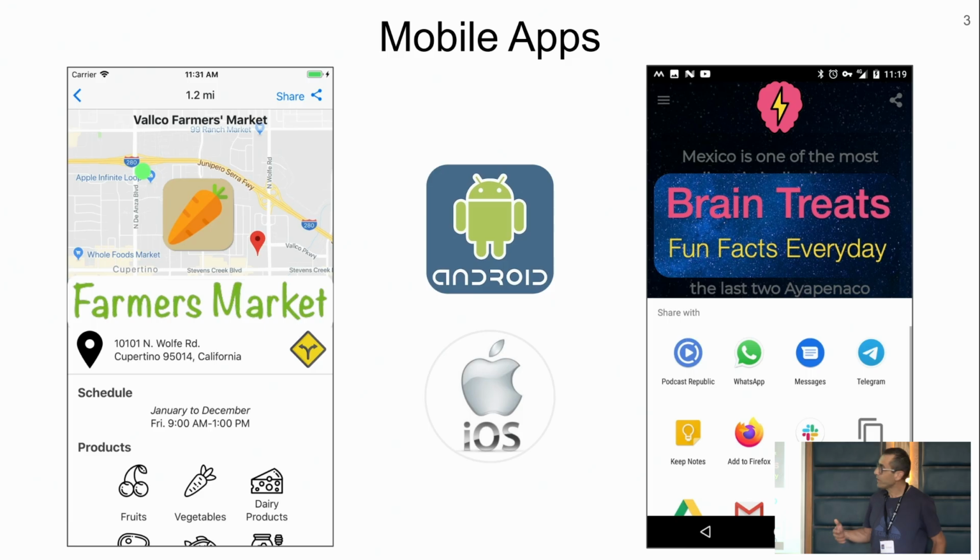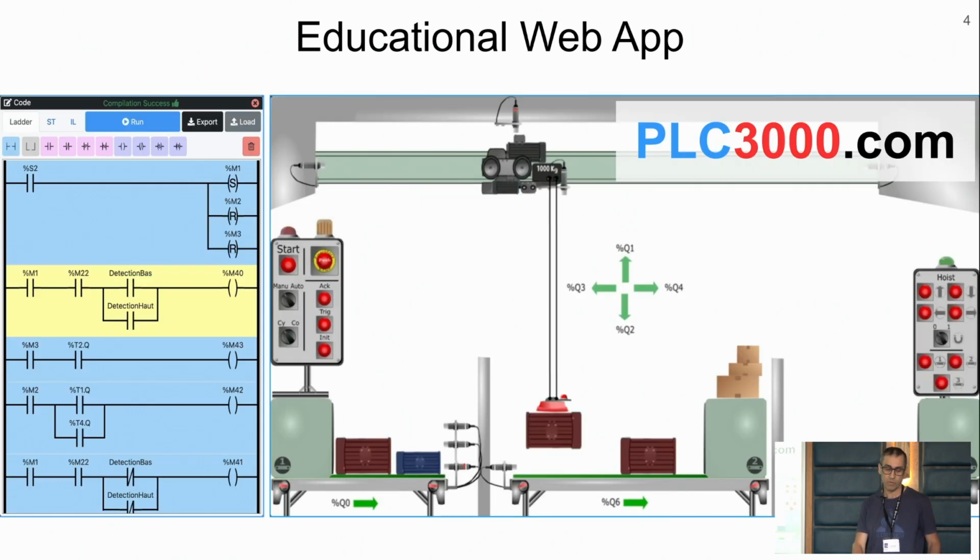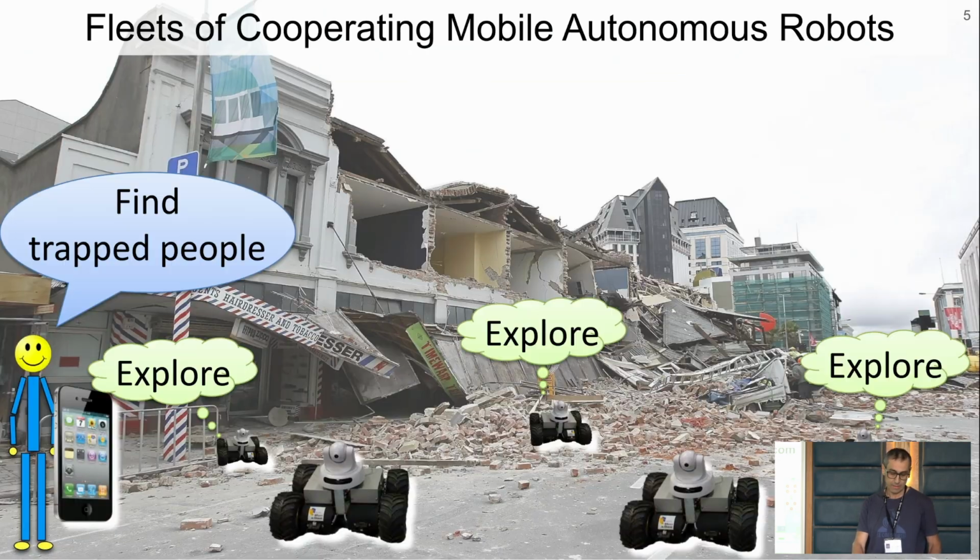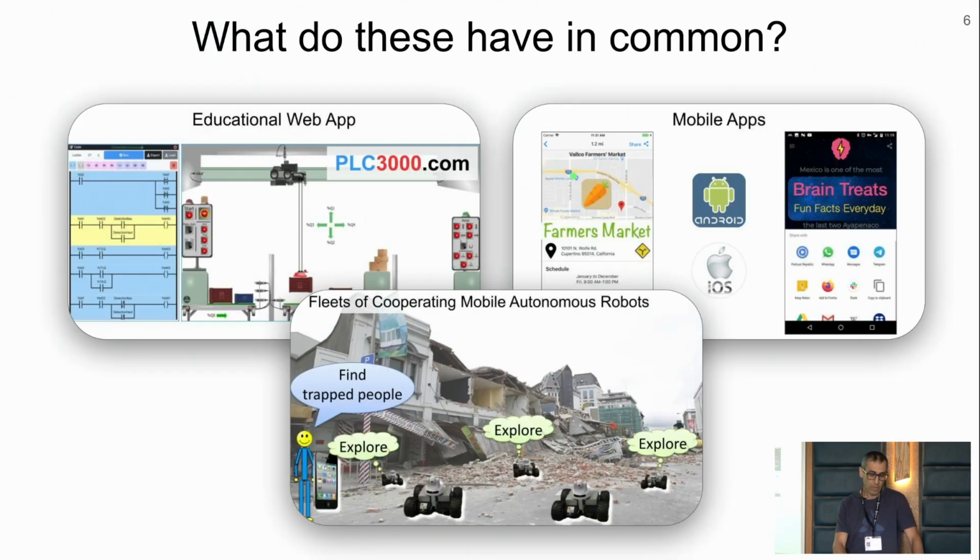So over the years, in different contexts, I had to experiment. I made different applications, and I was involved in different applications for mobile, for web, for SaaS products, and for robotic applications. And what do these have in common?